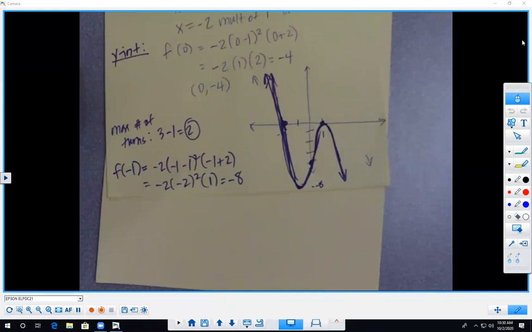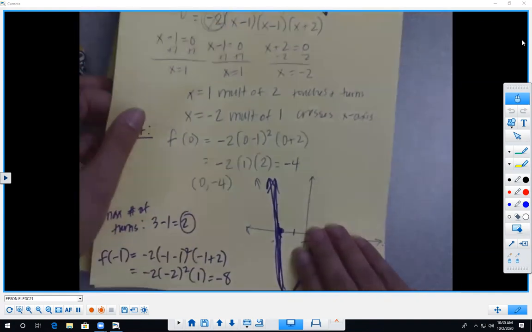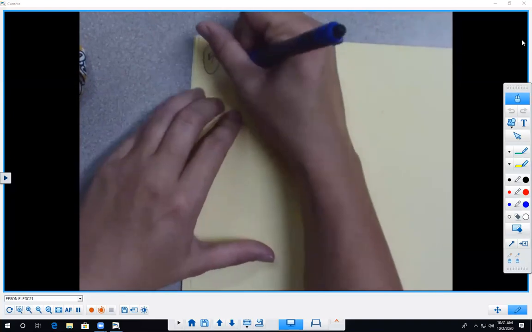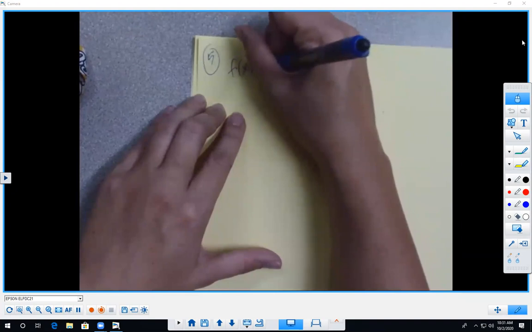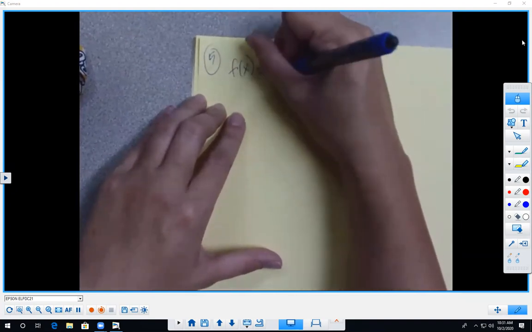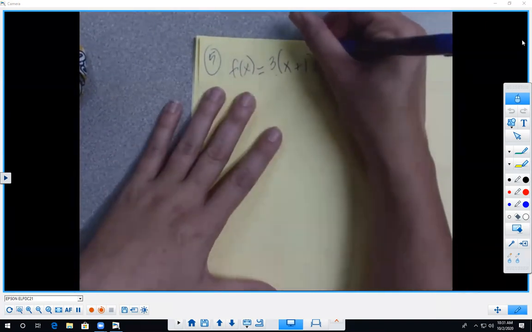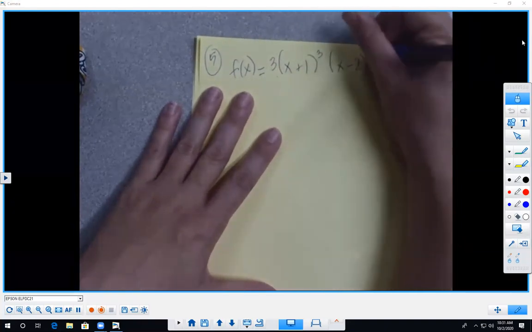Okay, we're going to do one more of those actually, and then we will stop for the day. Okay, so if I had the function f of x equals 3 times x plus 1 to the third power times x minus 2 to the second power.